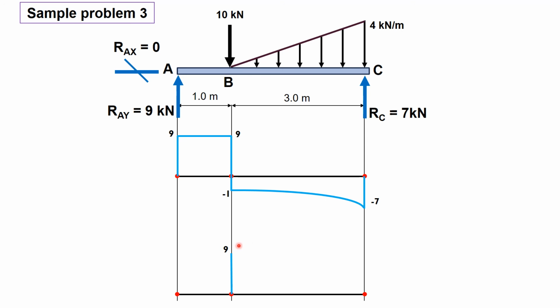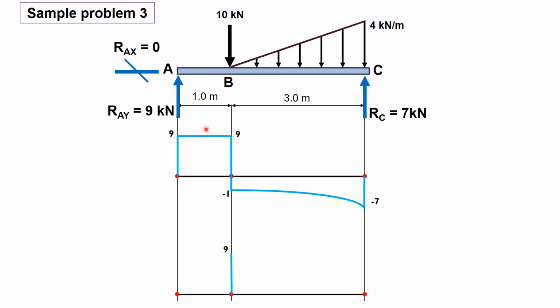And then, when x is 4 for segment BC, our moment is 0. So, how will you draw the graph from A to B and from B to C? So, dahil dito, horizontal line itong shear, pagbaba mo dito, naka-incline na ito. It is a straight line.